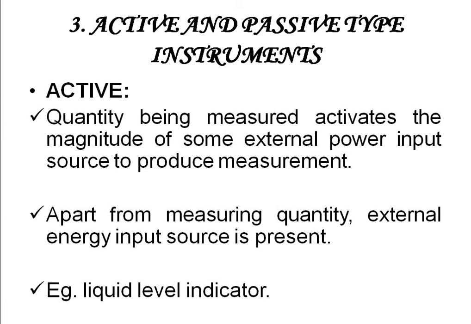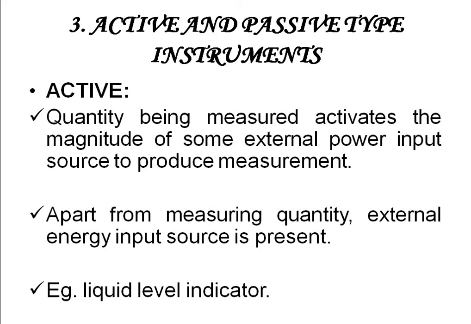Coming to the active and passive type instruments. In active instruments, the quantity that is being measured activates the magnitude of some external power input source to produce measurement, which means that apart from the measuring quantity, an external energy input source is present.